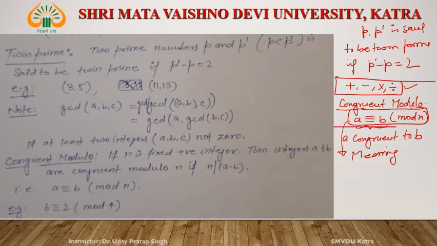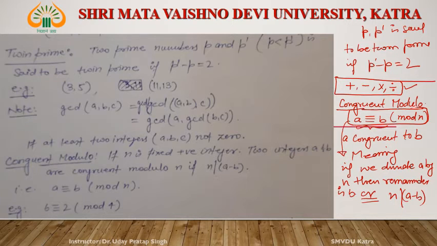The meaning is that if we divide A by N, then the remainder is B, or N divides A minus B. You can say either of these. This is the definition of congruence.